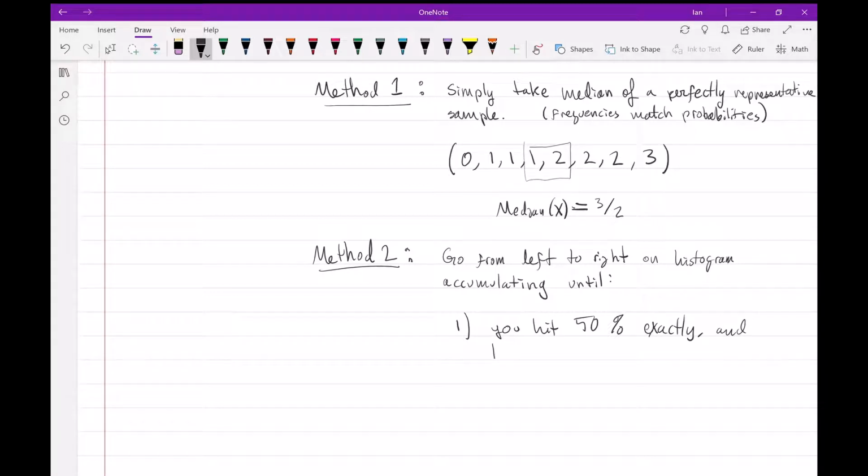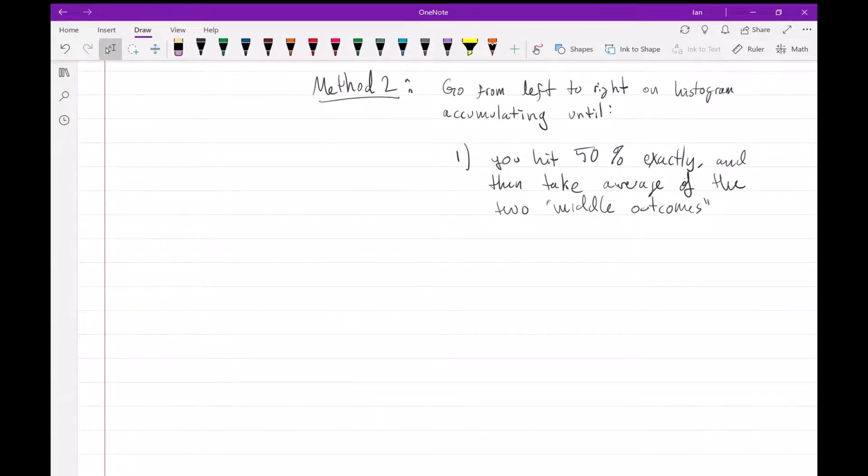Take the average of the two middle outcomes. The other possibility is that you never hit 50% exactly as you're accumulating these areas, and instead at some point you go from less than 50 to more than 50.